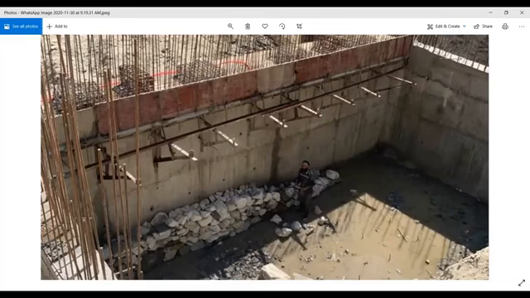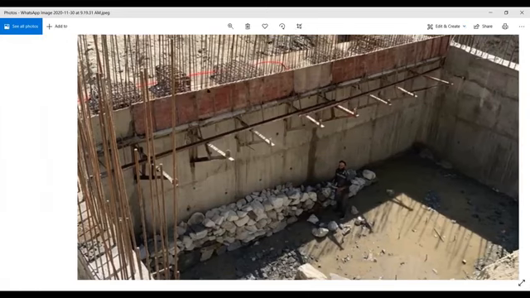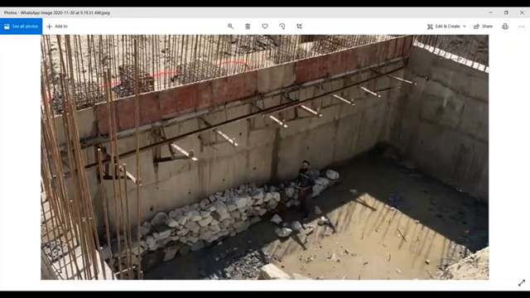After that, they moved it one more step above. If they put the boards here, they put the arrangement over here for concreting this portion. Now this substructure part is complete.